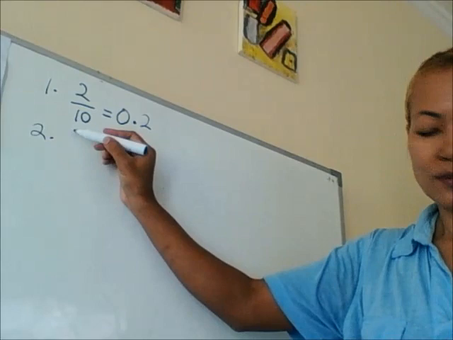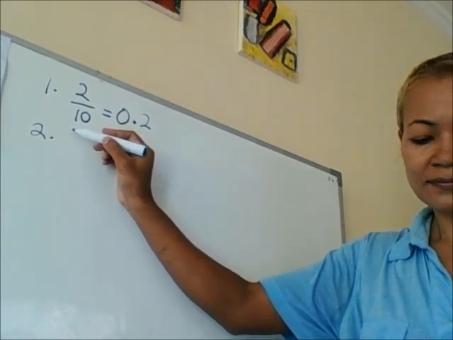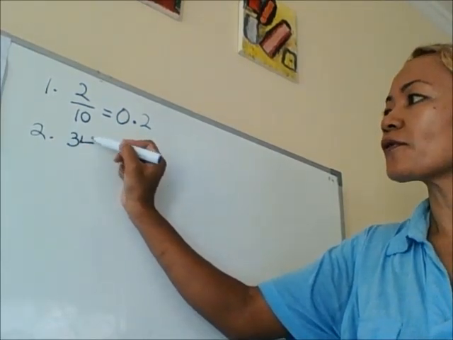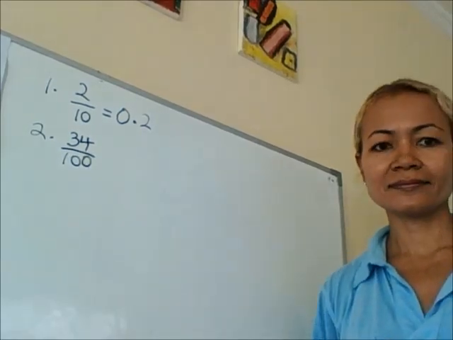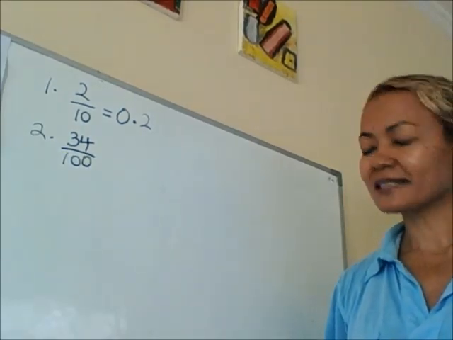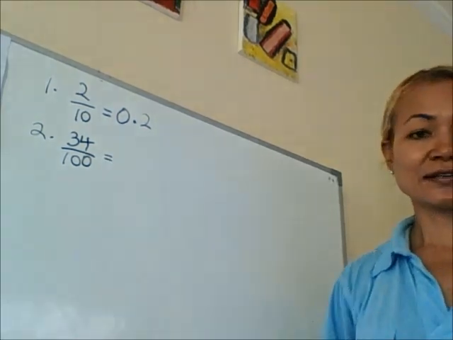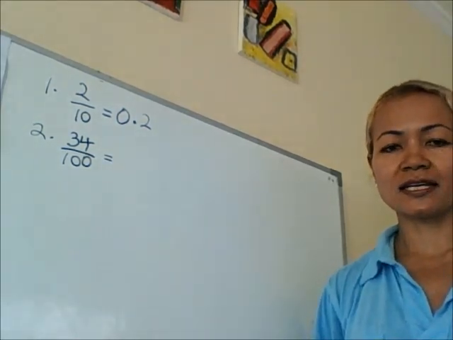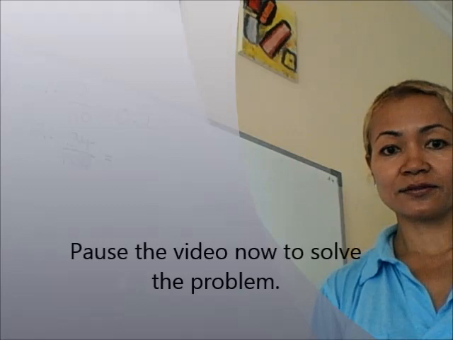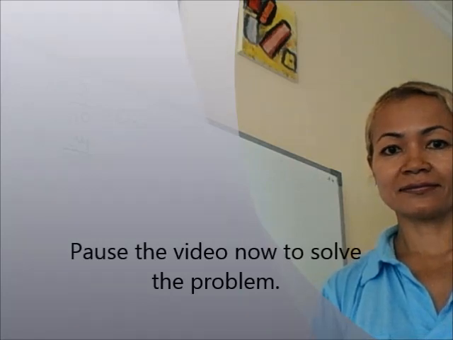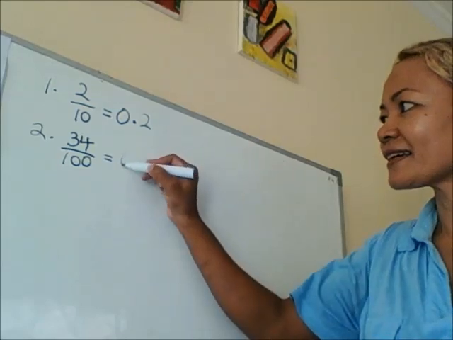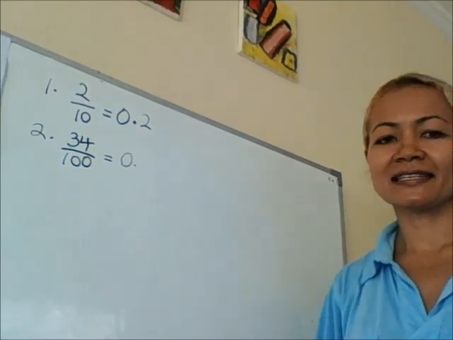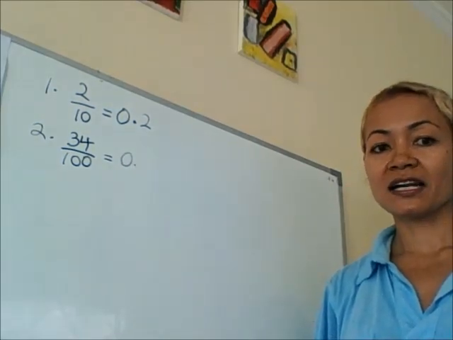That is 34 over 100. That is 34 hundredths. I'll give you some time to complete it now. Okay, I hope you've done it. 0.34.